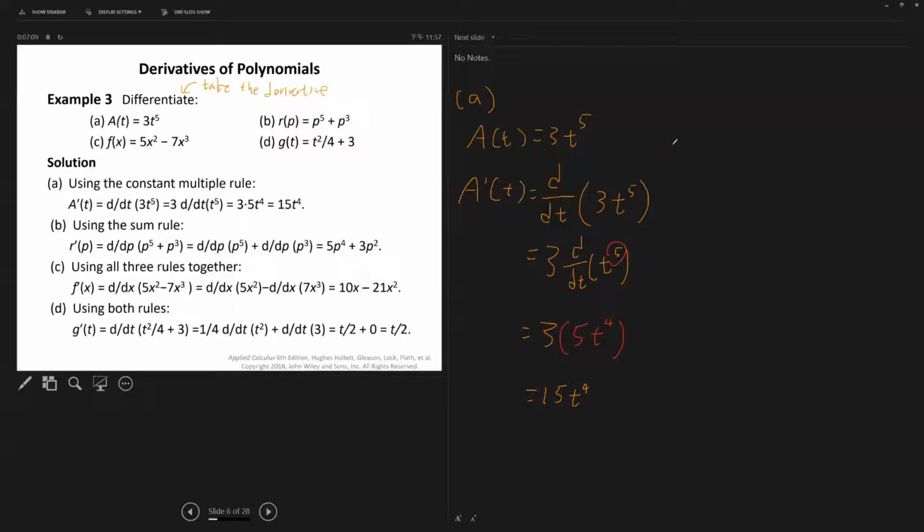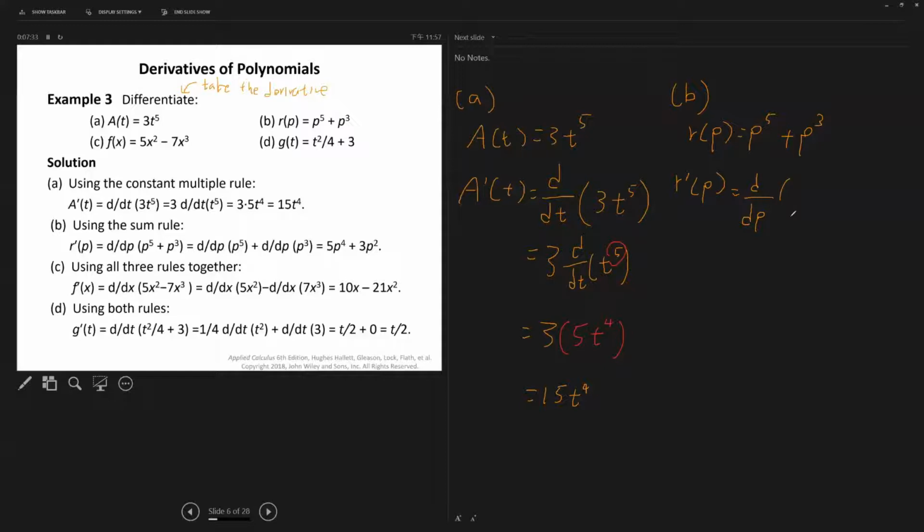So let's try part B. We have r of p is equal to p to the 5th power plus p to the 3rd power. And then r prime of p will be to differentiate everything with respect to p. Notice I changed the denominator as the independent variable changes.